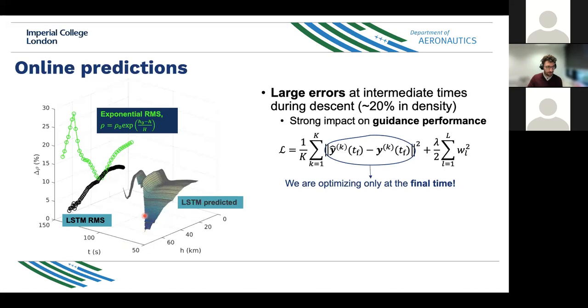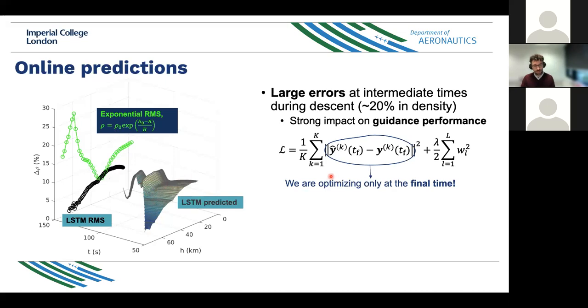For instance, if we're at this time here, we're interested in this slice of this error surface in density here for all future times. And we can see that although at the final time the error is very low, in the intermediate times the error can be quite large, and in fact comparable with that from an exponential model.